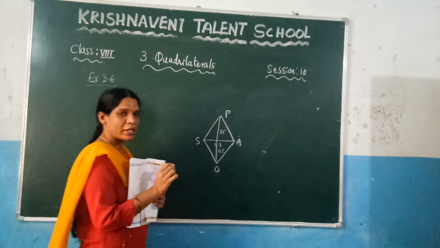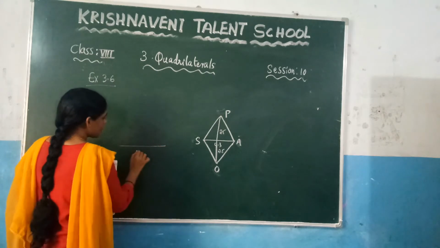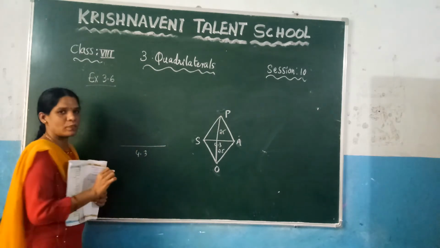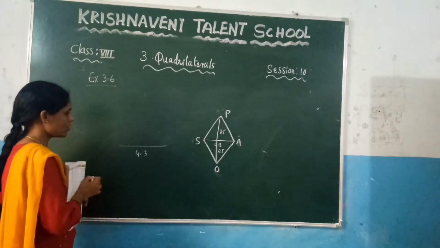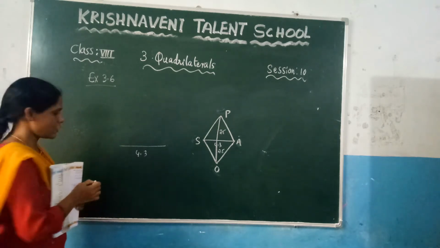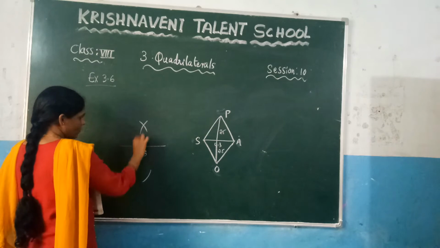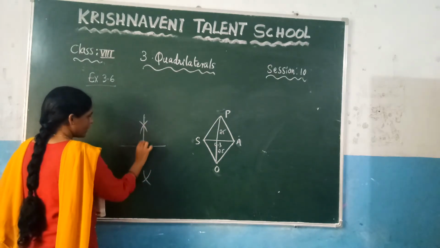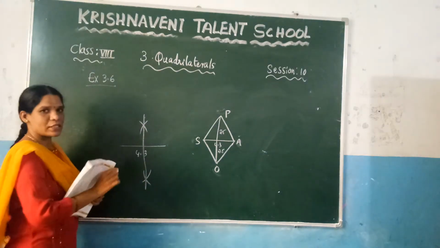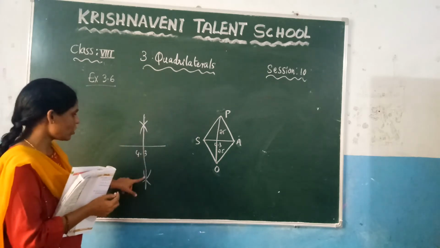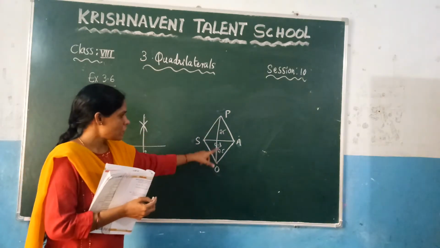So how to draw here? First you need to draw the line segment of 4.3 centimeters, right? And after that you need to draw the perpendicular bisector. So take more than half and draw here 2 arcs, and similarly here 2 arcs. You will get here the perpendicular bisector. Now you know the length of the other diagonal, which is 5.